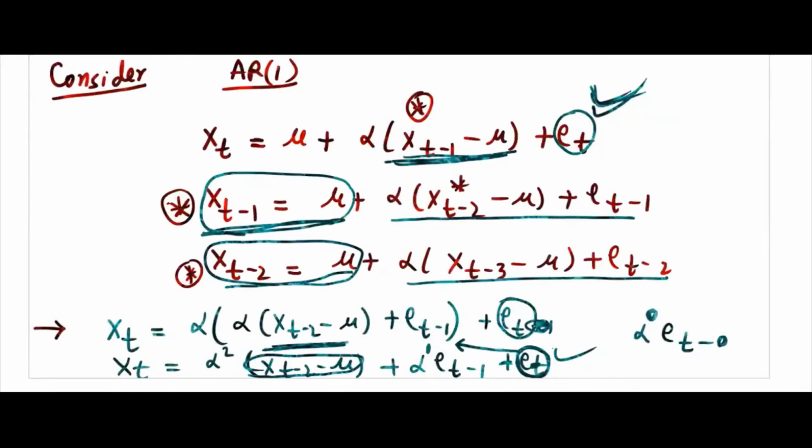Also, here the assumption in this chapter is that e_t follows normal 0, sigma squared. So the errors are IID, and the mean error should be 0 at each time, and the variance is constant. Variance from time to time should not change: constant variance and 0 mean.